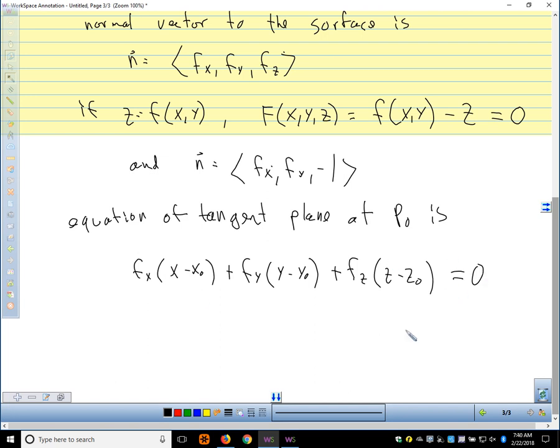Our standard equation of our plane. So that's how we're going to write the equation of our tangent plane.